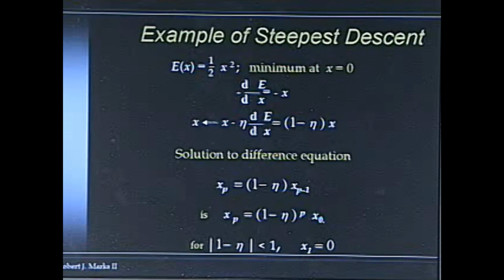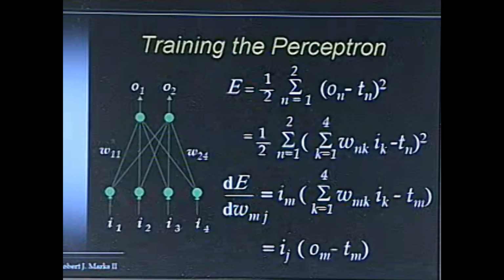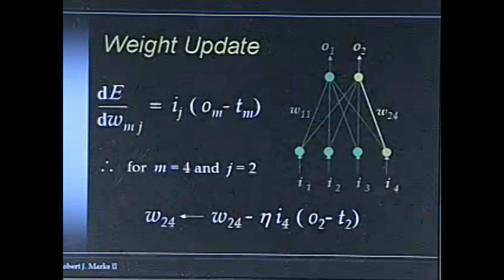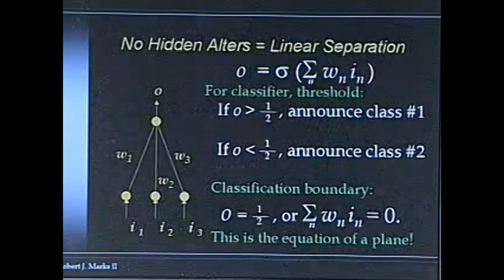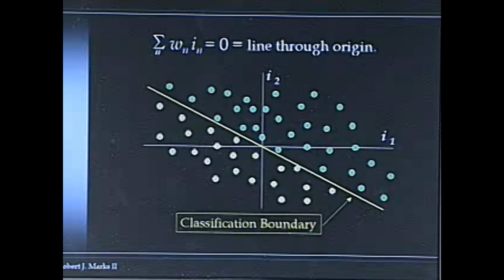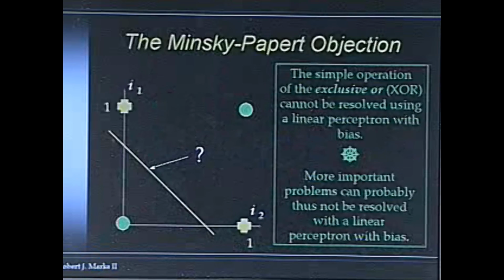Now, here is the example of steepest descent. Actually, it's a math example, and I won't go through this right now because I don't want to get us embroiled in the math yet. We'll have plenty of time to develop that in a more careful manner.